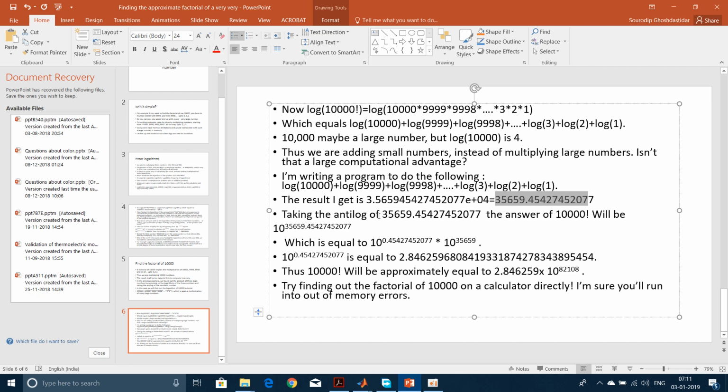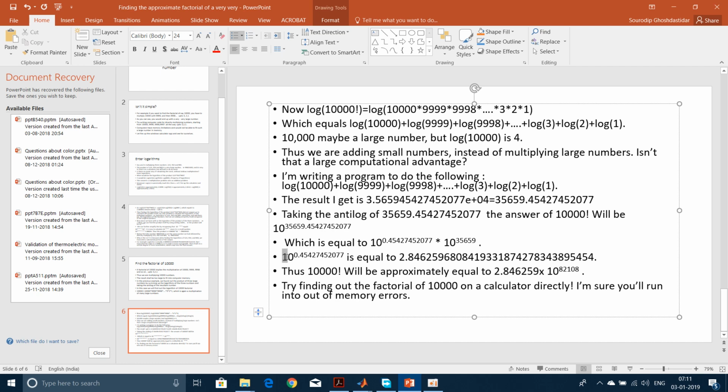So if you want to find out the actual factorial of 10,000, that would be 10 to the power of 35659 point this, which is basically equal to 10 to the power of, if we separate the numbers after the decimal point, so we're basically writing in scientific notation, 10 to the power of point 45427452077 and 10 to the power of 35659.